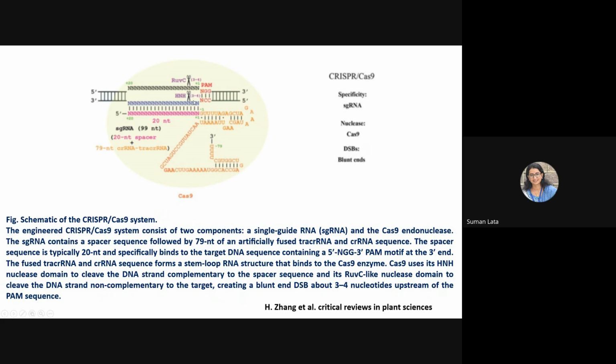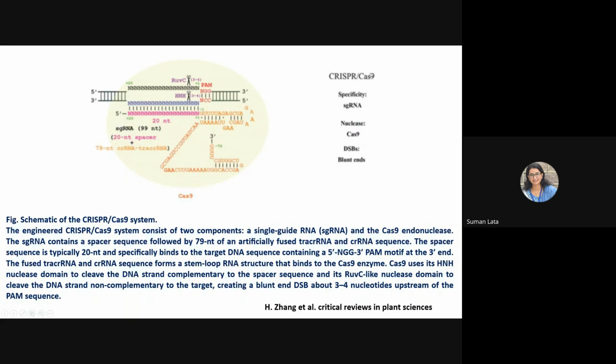RuvC will cut the non-complementary strand of the target. These two domains cut about 3 to 4 nucleotides above the PAM sequence, and they create blunt ends.